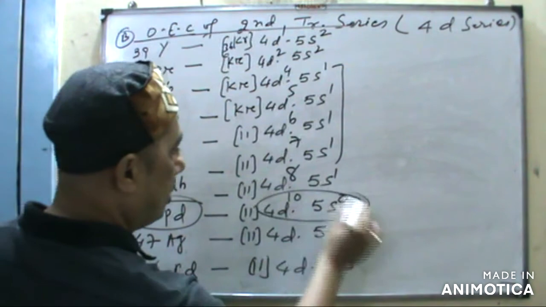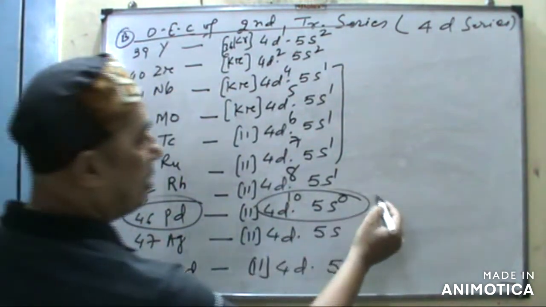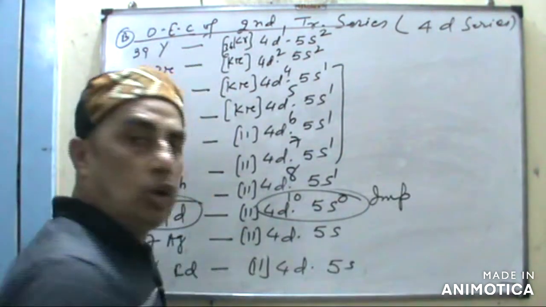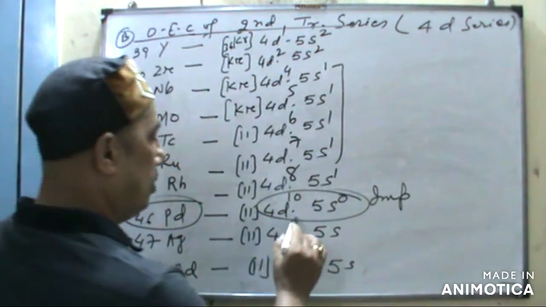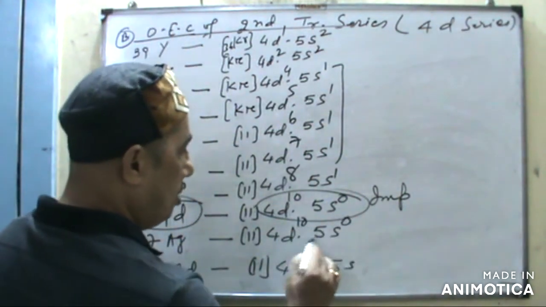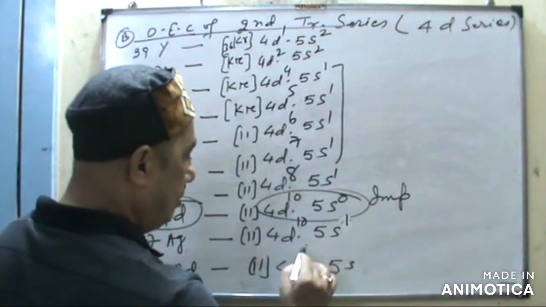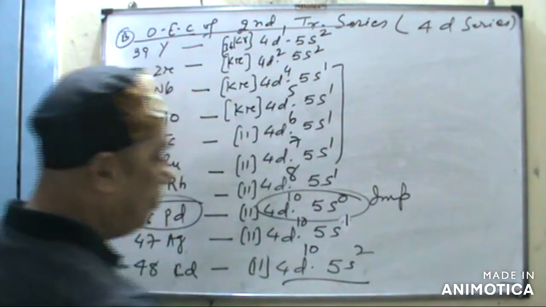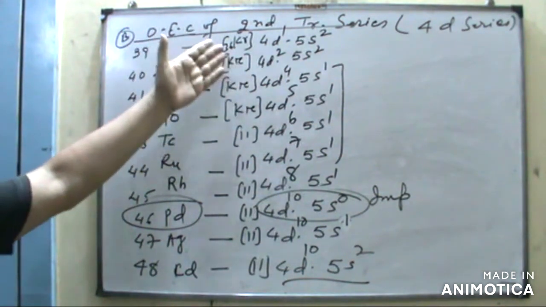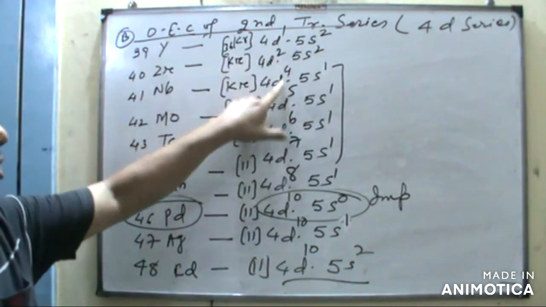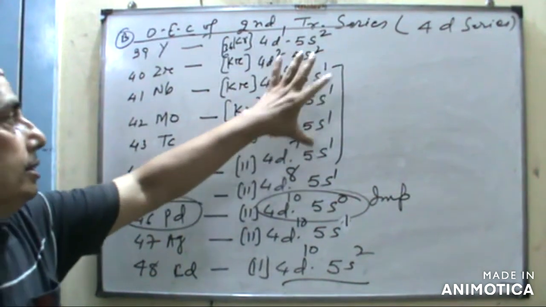You have to remember it: 4d10, very very important, not only for academics but for entrance exams also. Then 4d10 5s0, 4d10 5s1, and 4d10 5s2.